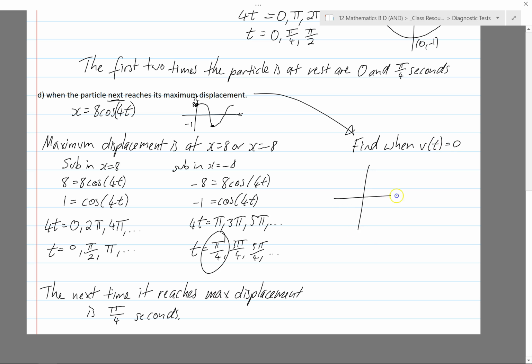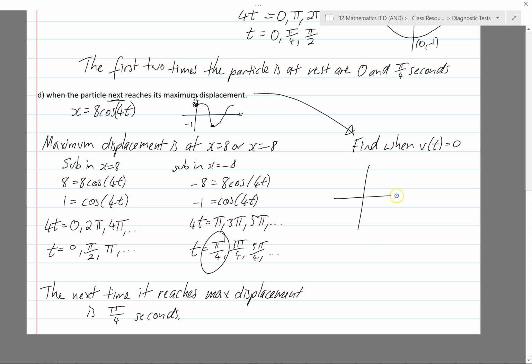So my 2x value is pi on 2 or 3 pi on 2. I could continue, but I know I'm only interested in solutions between 0 and pi. So my actual intercepts are going to be pi on 4 and 3 pi on 4, which makes sense when we look at our graph.